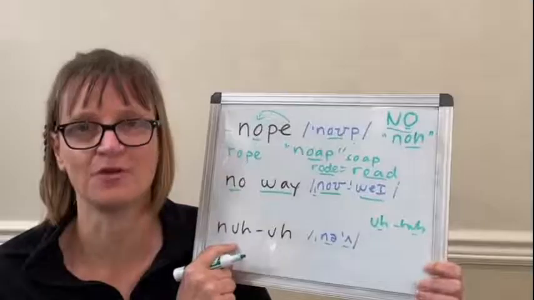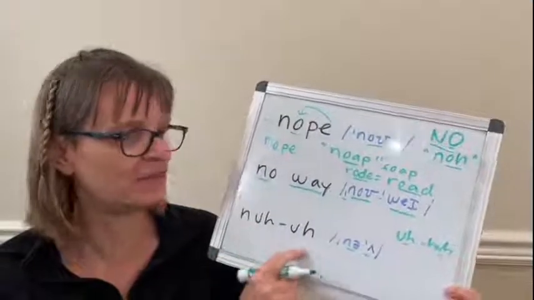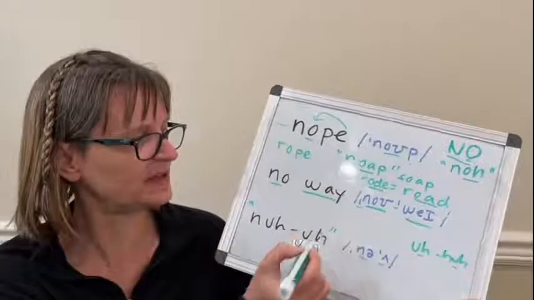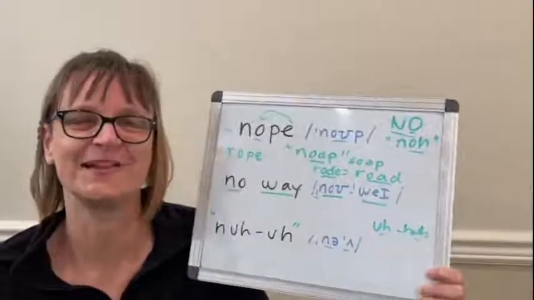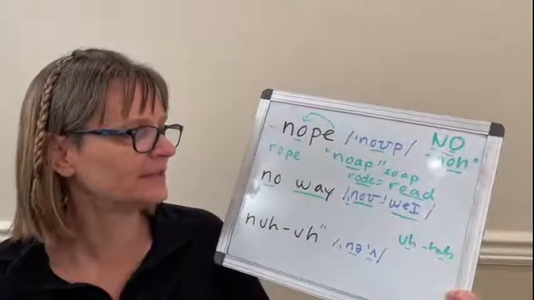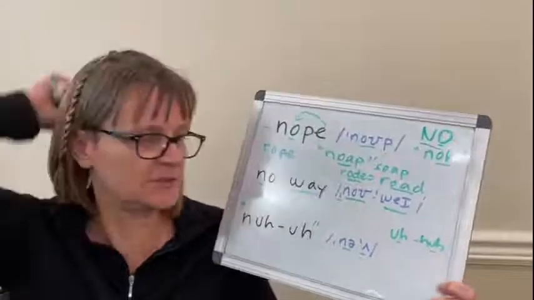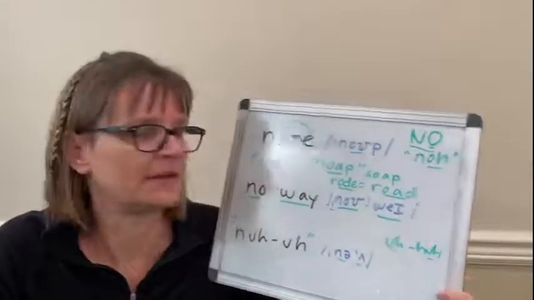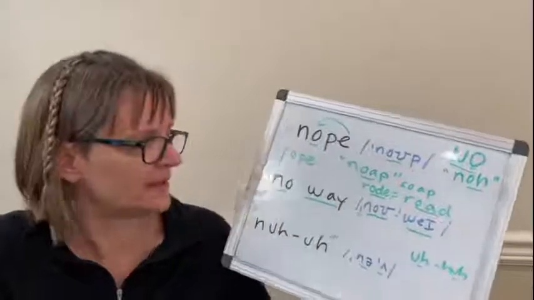Typically, we stress both parts, and both of these have the schwa sound. This is not something we write. This is how I would spell it to represent the sounds most easily, nuh-uh. So that would be something we use in connected speech. For example, did you hear about that? Nuh-uh. No, I didn't, nuh-uh.